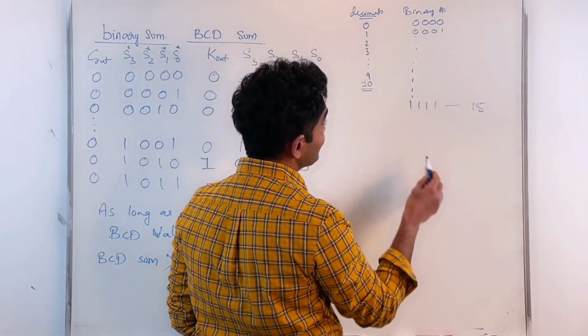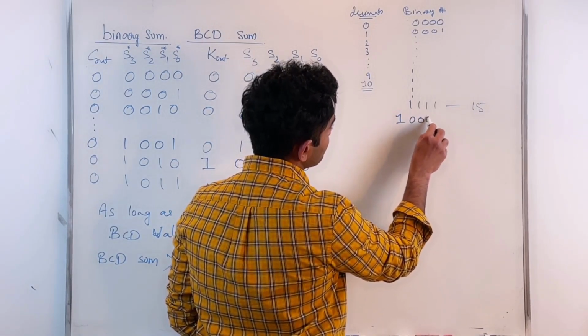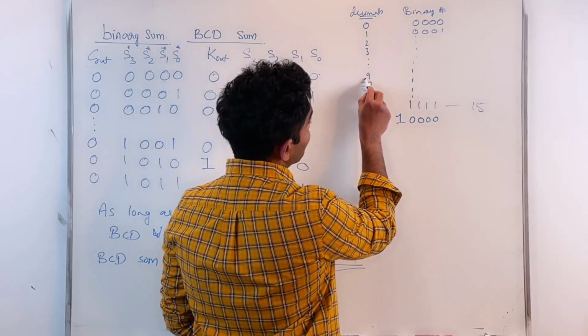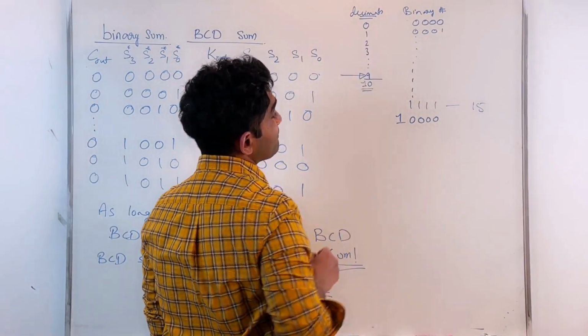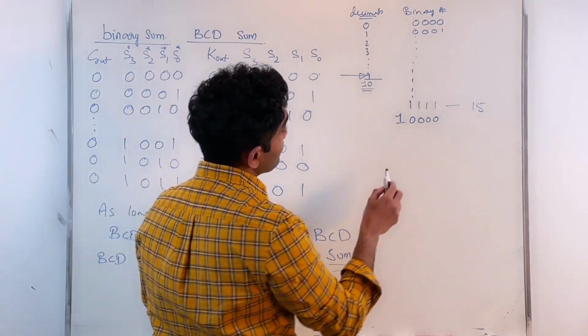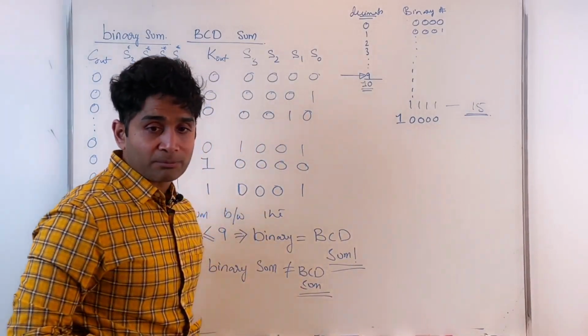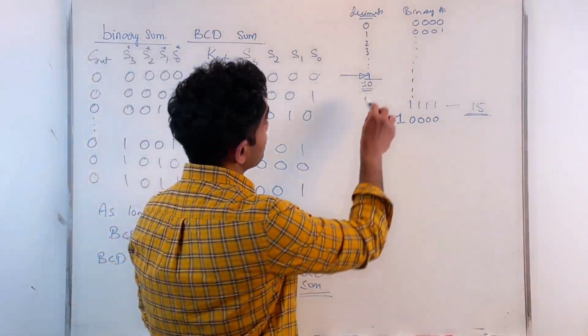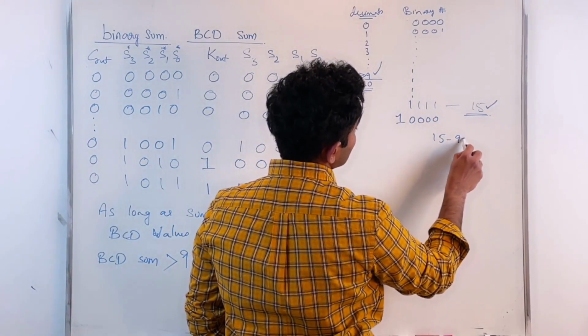So if I want to write 16, then I will use the carry out of 1 followed by zeros. So for decimals, I need to start producing a carry out after 9. For binary, I need to start producing a carry out after 15. That means there's a difference of 6 between decimals and binary. 15 minus 9 is 6.